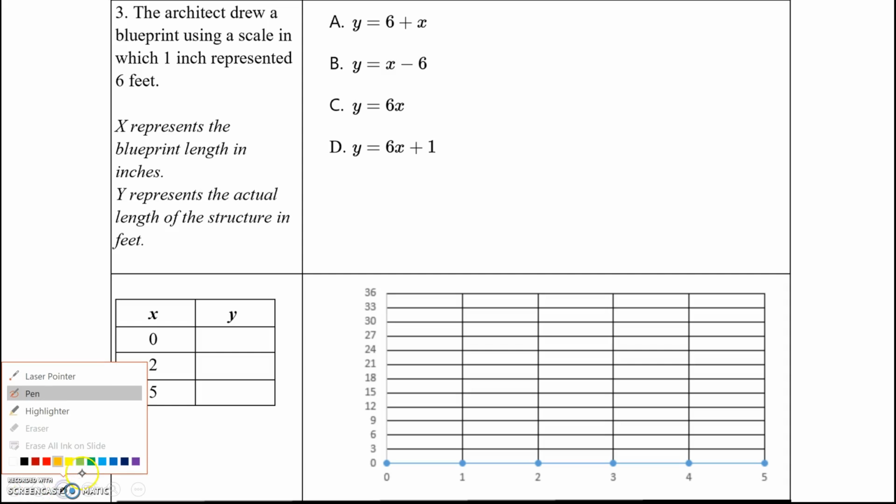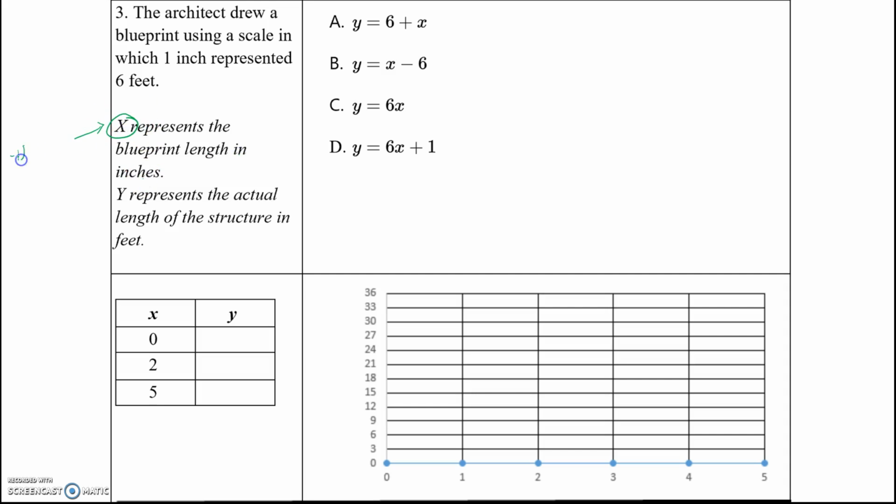Okay, so let's look at number 3. Number 3 says the architect drew a blueprint using a scale in which 1 inch represented 6 feet. Okay, so I'm going to go down, and this time I'm going to use my x and my y to help me. So it's saying x represents the blueprint length in inches. So I know x is the number to be multiplied, right? So I know that I have to multiply x times m.